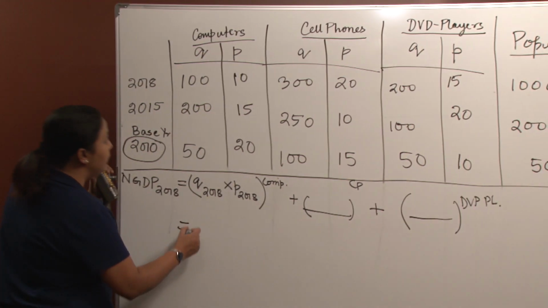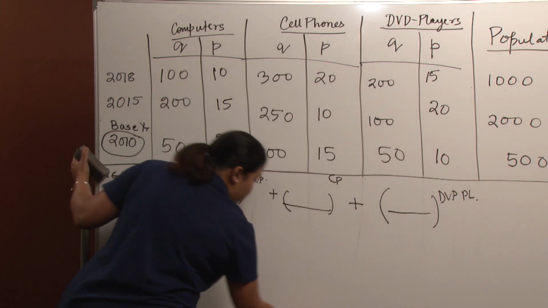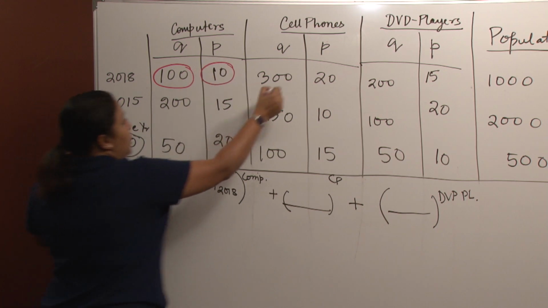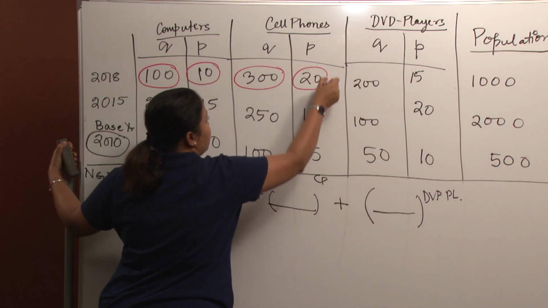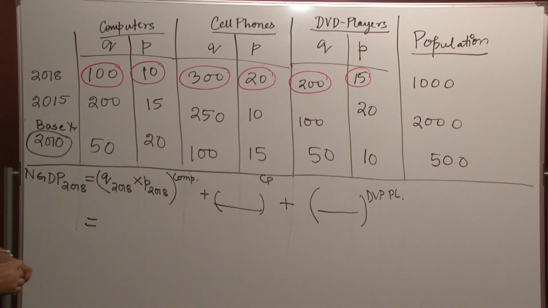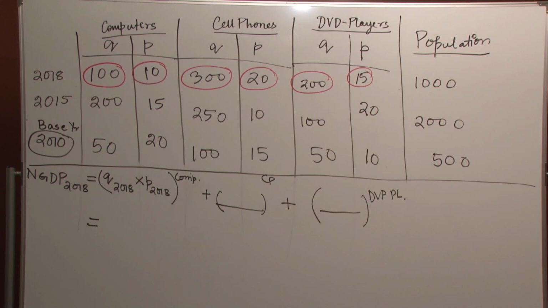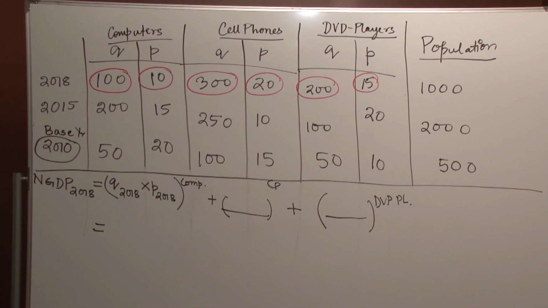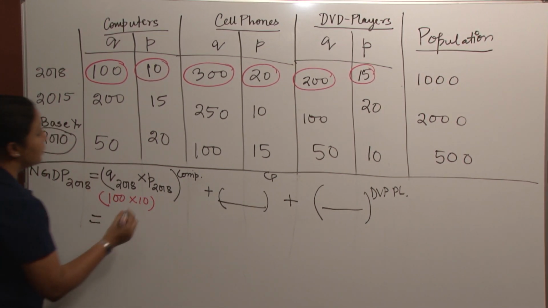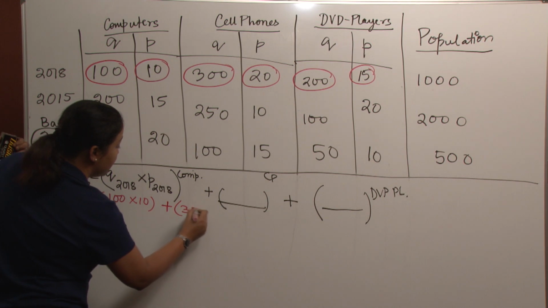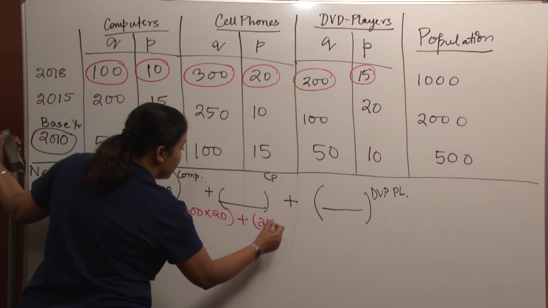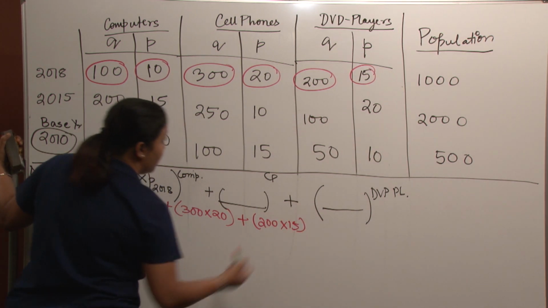So I would really take these numbers. So I would do 100 times 10 plus 300 times 20 plus 200 times 15. So just go by the first row, and I am adding, basically taking quantity times price for the three commodities and adding them up. So I am doing 100 times 10, that is for computers, plus 300 times 20, that is for cell phones, plus 200 times 15, that is for DVD players.